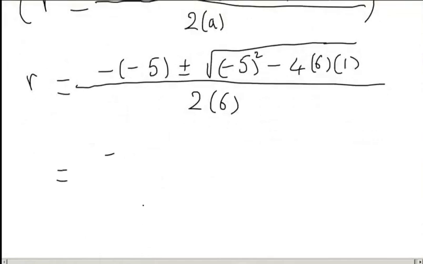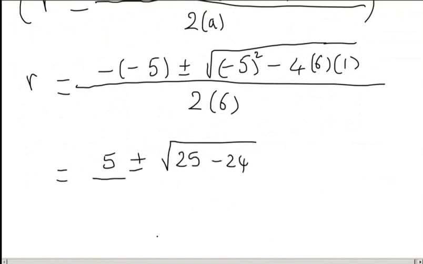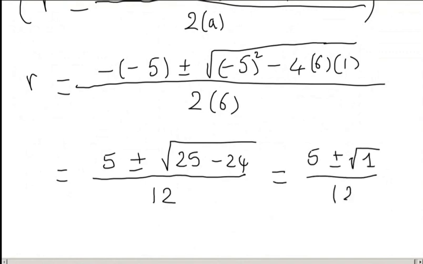Computing this, we have 5 plus or minus square root of 25 minus 24 over 12. So we have 5 plus or minus square root of 1 over 12.